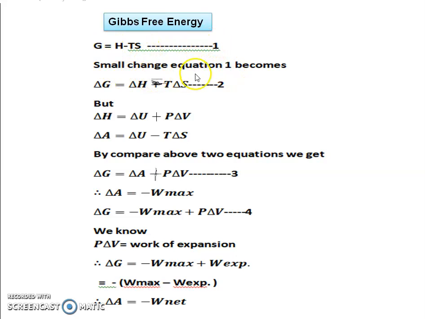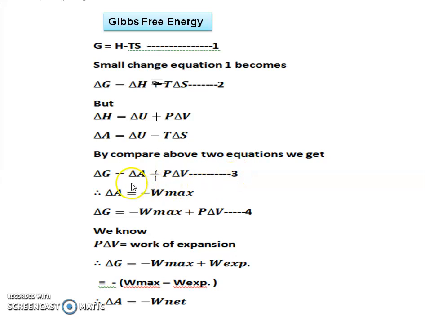For a small change, delta G is equal to delta H minus T delta S. But delta H is equal to delta U plus P delta V. Also delta A is equal to delta U minus T delta S. By comparing these two equations, we get delta G is equal to delta A plus P delta V, equation 3.